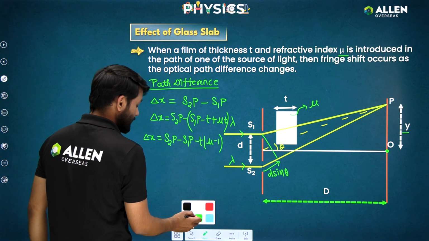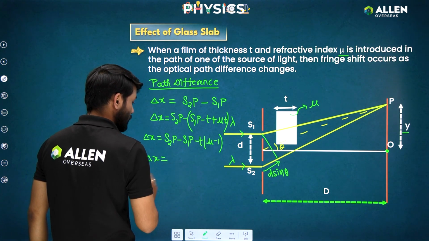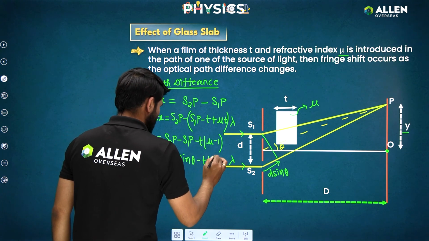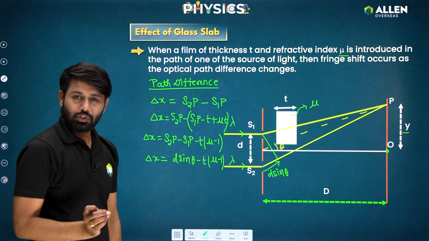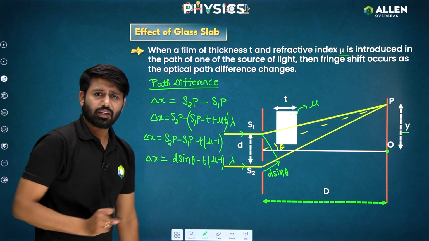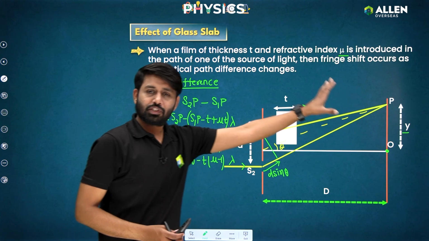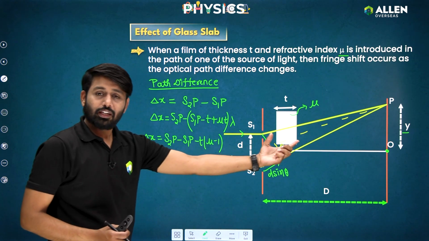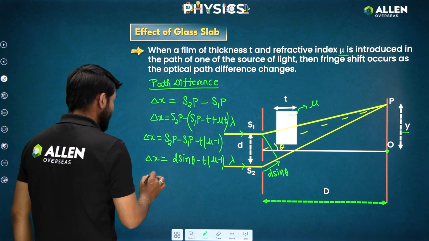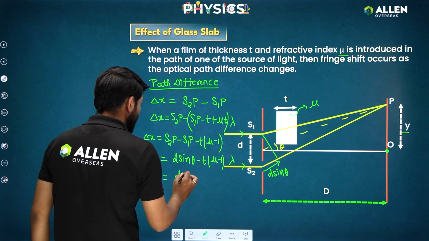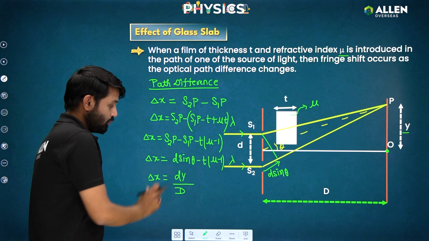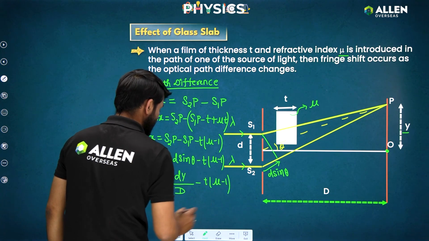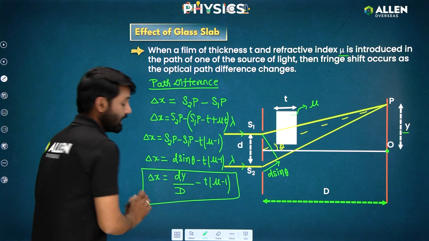So you can write delta x is equal to d sine theta minus t(mu minus 1). If we compare d and y, the positions of maxima and minima, D is very large compared to y. With that assumption, you can write delta x is equal to dy upon capital D minus t(mu minus 1). So this is our path difference.